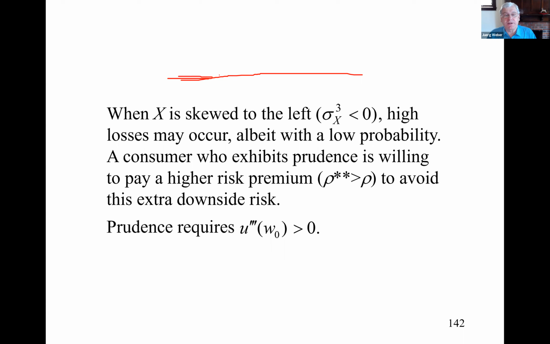You have a very thin tail, and then maybe something like that. So let's assume high losses may occur, but with a low probability. We have this thin tail to the left. So we have this extra risk of high losses, even if they occur with a low probability.